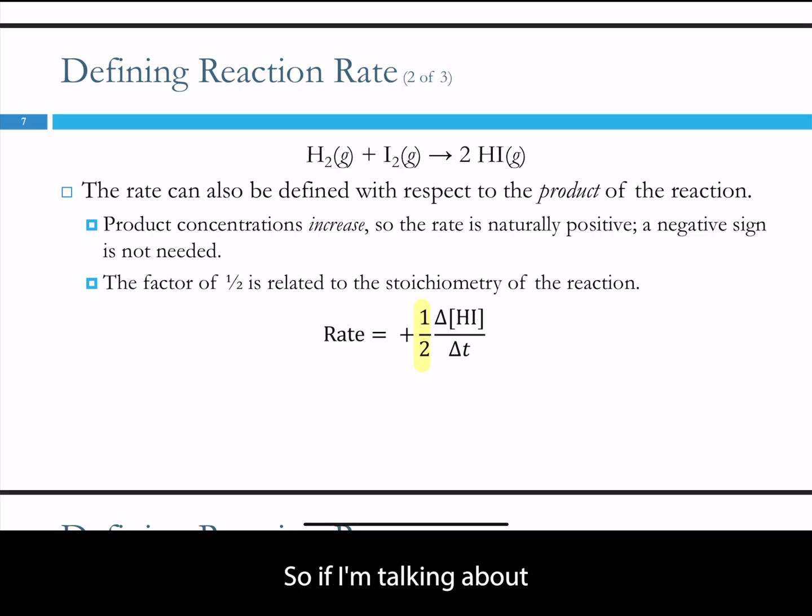And really what we're talking about here is not just a rate, but an overall rate for this whole reaction. I need to divide that hydrogen iodide concentration or rate by half.